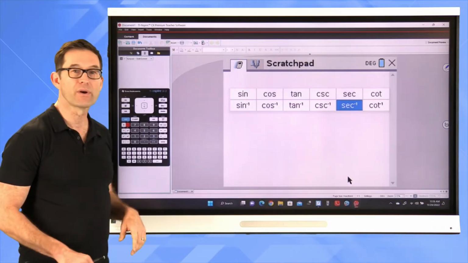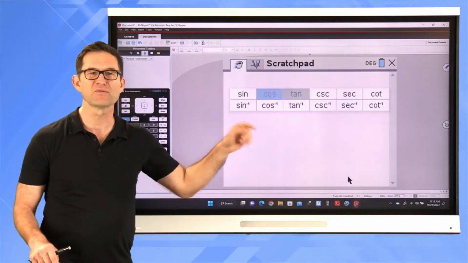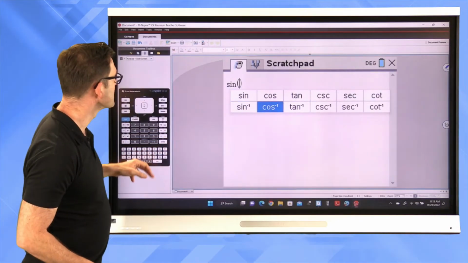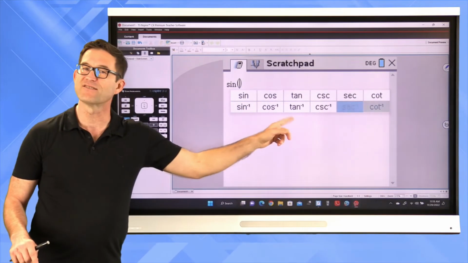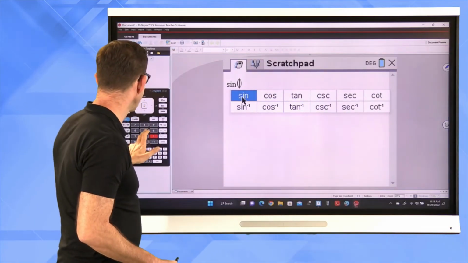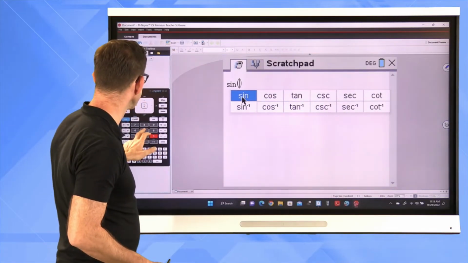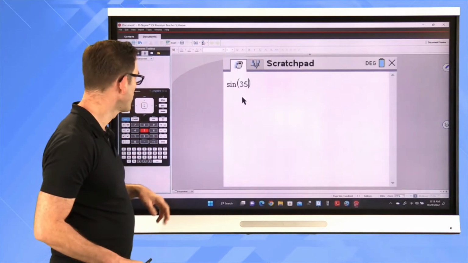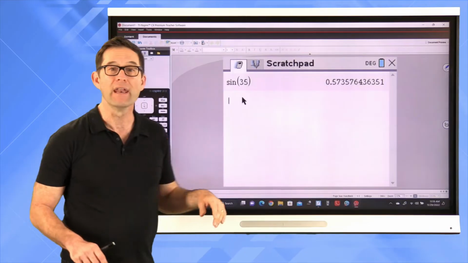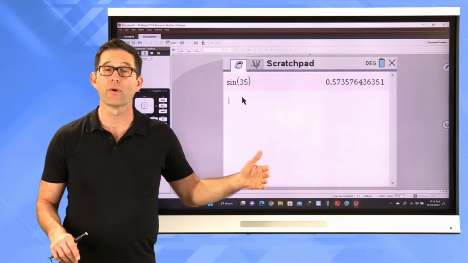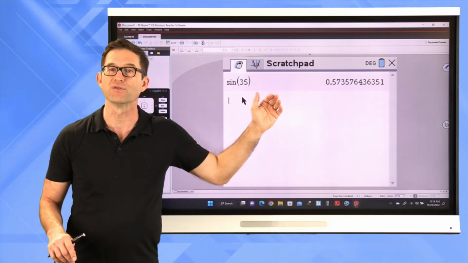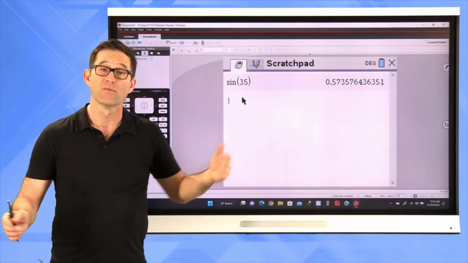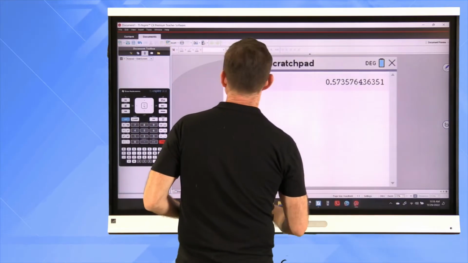If I click on the trig button, I can choose sine, and I can type in 35 and hit enter, and it will give me the value of the sine ratio for 35 degrees, which is 0.5735, etc. All right, or rounded to the nearest hundredth, 0.57.